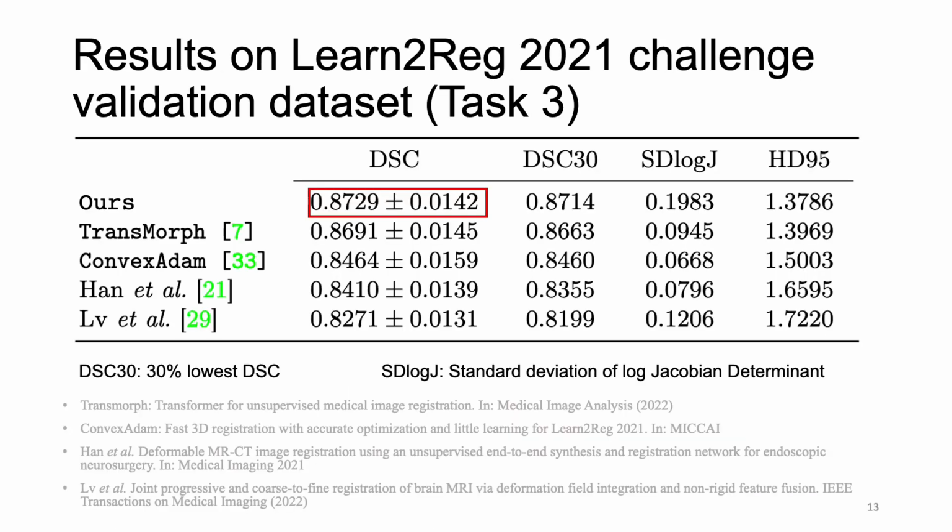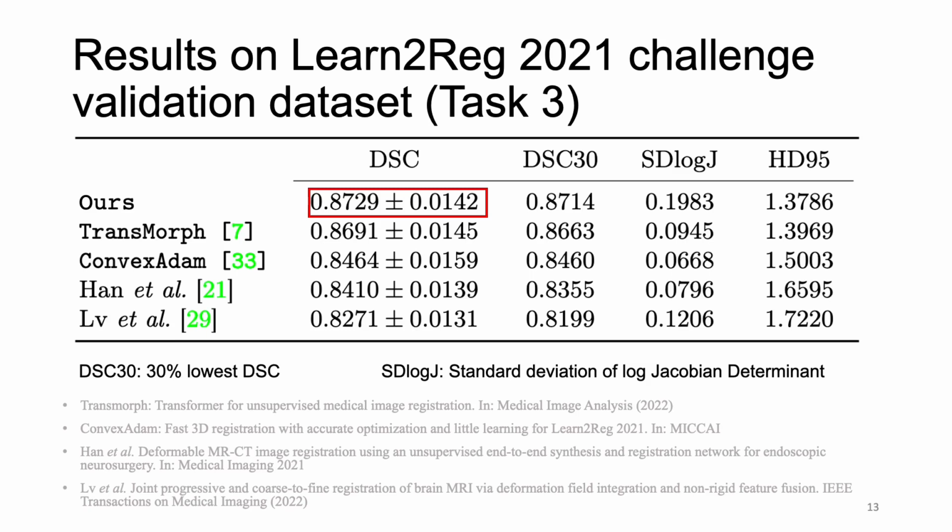We also evaluate our method using the Learn-to-Reg challenge dataset. The results are evaluated also using the fixed and warped label image, but with 35 labels. The first, second, and last columns in the table show the average dice coefficient for all 35 labels, the 30% lowest dice coefficient of all cases, and the 95th percentile of Hausdorff distance.